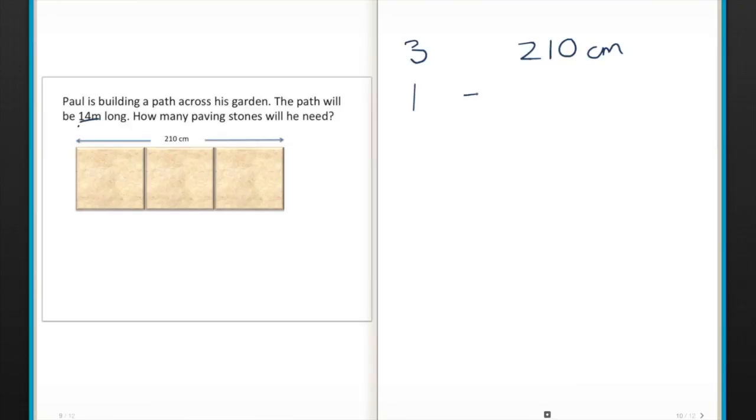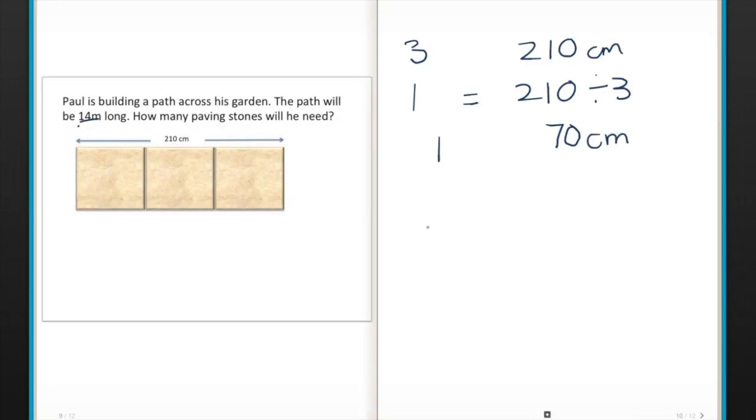So 1 paving stone is 210 divided by 3. And if we just ignore this for a second, we can just say, what's 21 divided by 3? Well, that's 7. But it wasn't 21, it was 210, so it's 70. So 1 paving stone is 70 centimetres.